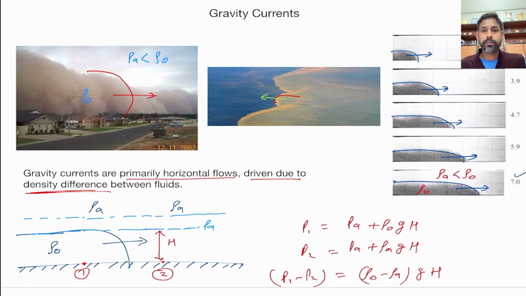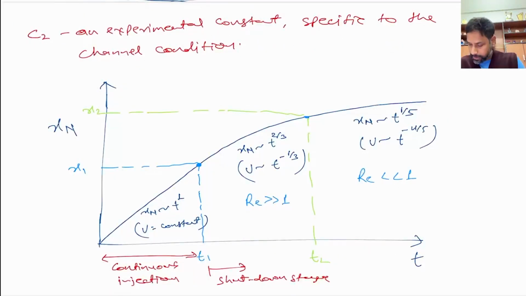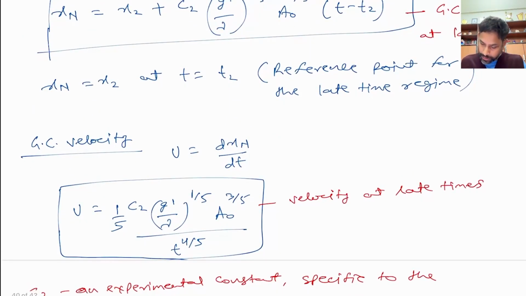So these solutions can be used to model this kind of gravity currents and understand their flow, which will give you the velocity, the height profile, the height value, and also the g prime value, the density difference between the gravity current and the ambient fluid. Okay, so you can see how in all these cases your g prime value plays an important role, right? That is the velocity and that is the g prime value, and a naught in this case is a constant, the initial volume of the dense fluid.